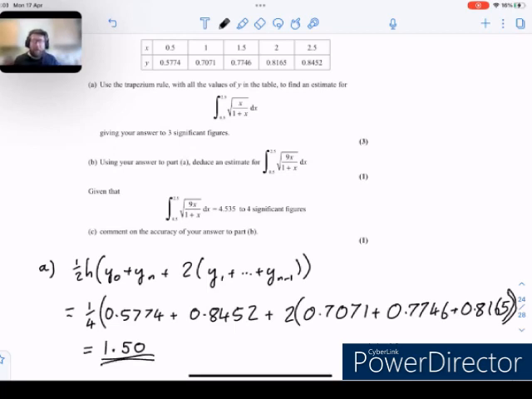Okay, now for part B. Using your answer to part A, deduce an estimate for this thing. So what we need to do is think about how this is related to that. Well, what's happened is there's a 9 in there, isn't there?